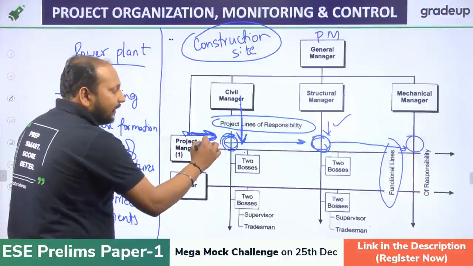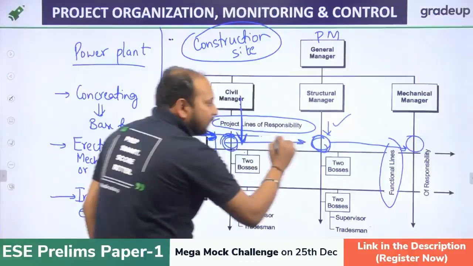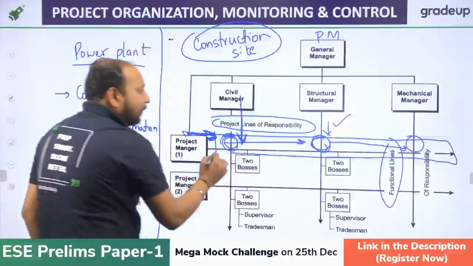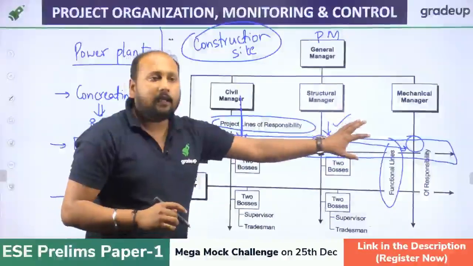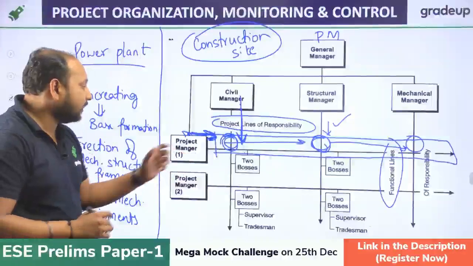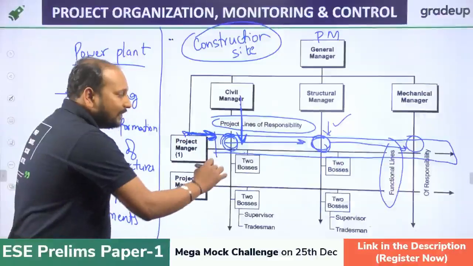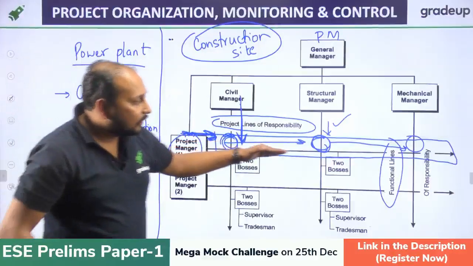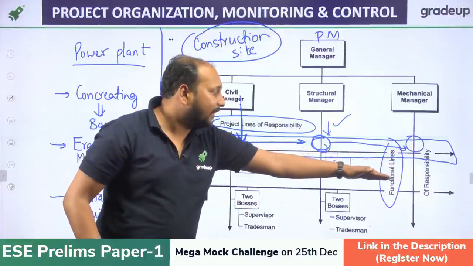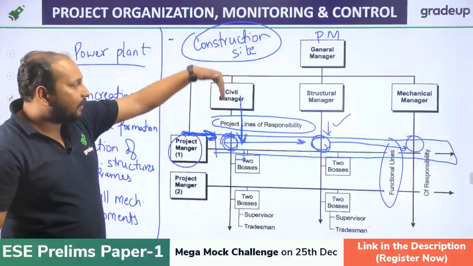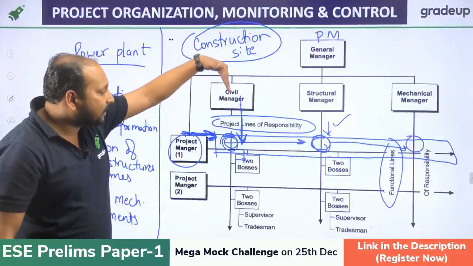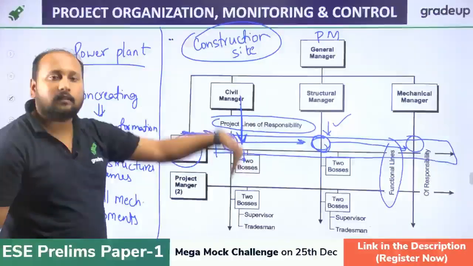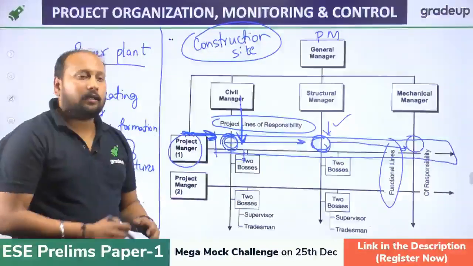The project manager will be taking care that all these activities are occurring in a complete line or not, that is being done by project manager 1 and 2. So basically we'll be having two bosses. One is the project manager who is taking care of the functional responsibilities, and the second boss will be the civil manager who is taking care of all the civil activities done by the civil aspirants.